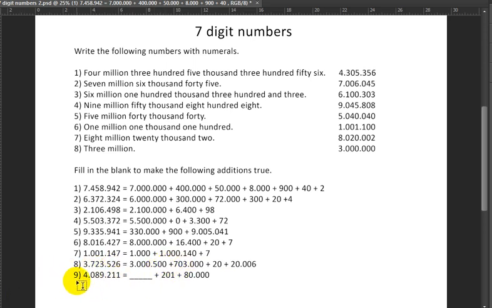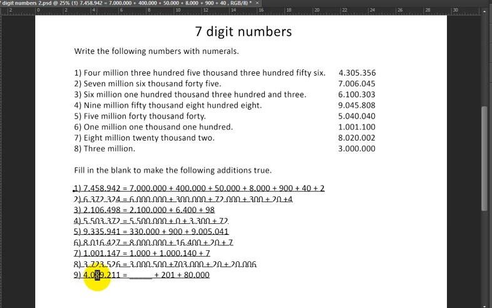Next up, we want to make 4,081,211, and we are being given 201 and 80,000, which means we need the millions. We don't need to worry about hundreds of thousands. We have the tens of thousands. We're going to need the thousands.